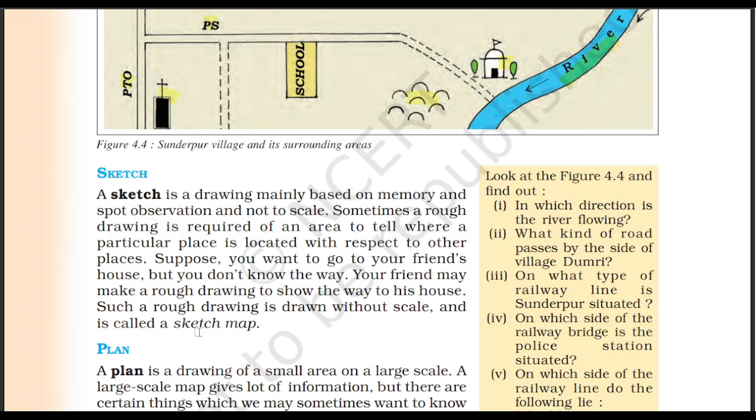This is only a rough directional drawing for anybody, as you see on your invitation card or doctor's card or any other place's card. On the back side of the card, they show their address through a sketch.